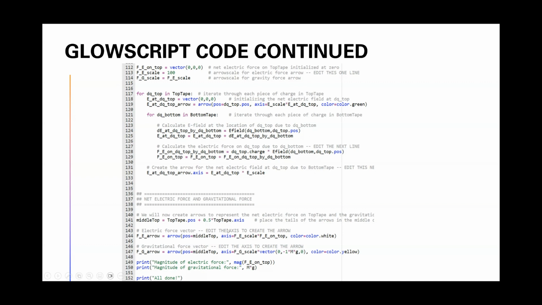And down here, we'll actually get our vectors as arrows. And so we'll have our FE arrow, which is just our FE scale times our calculated net field times the FE on the top, which is the force on the top tape. And then our FG arrow, which is just -1 times mg, -1 as a down direction, times our FG scale. And then we'll go ahead and print both our values.